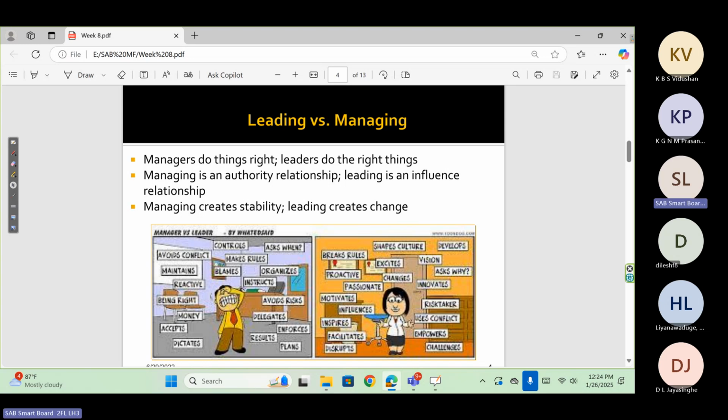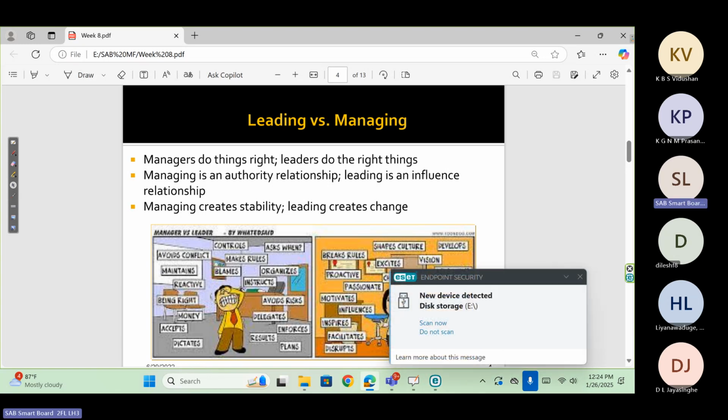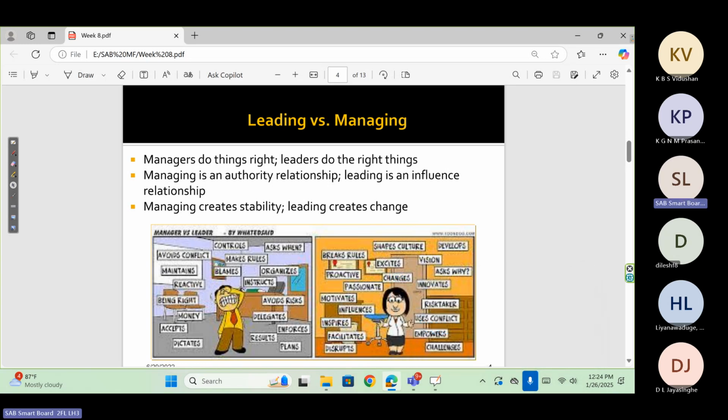Then leaders consider the vision, but managers try to achieve the goals. But these are not bad. We are comparing. Managers do it, but leaders do it differently. When you consider controlling, managers mostly use reactive control, but leaders try to do proactive controls as well.